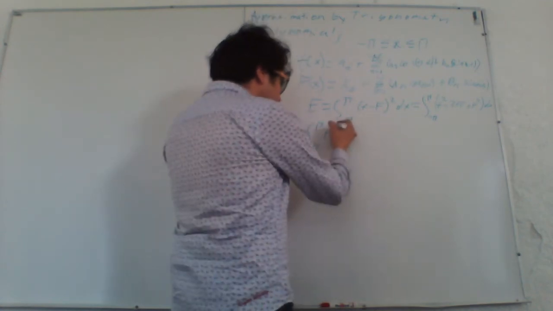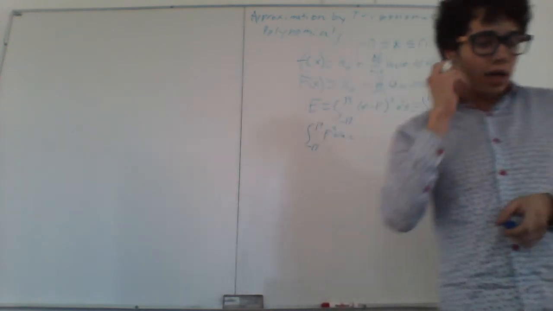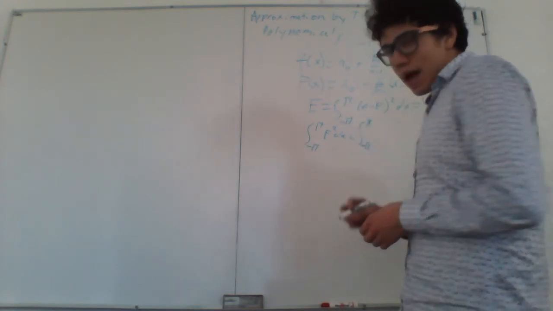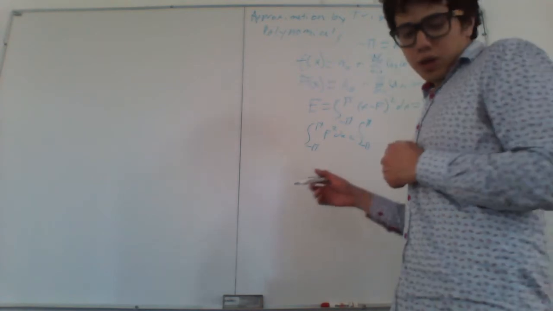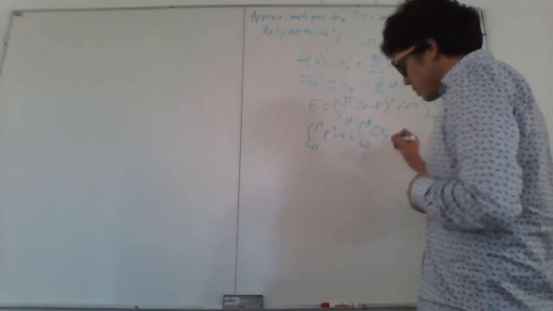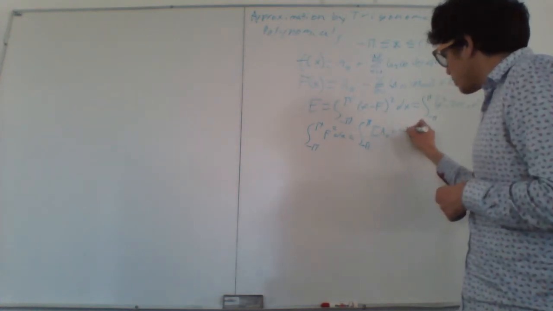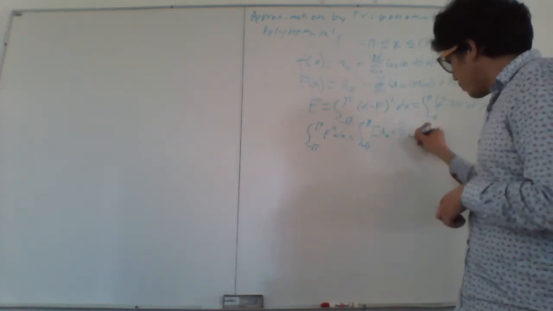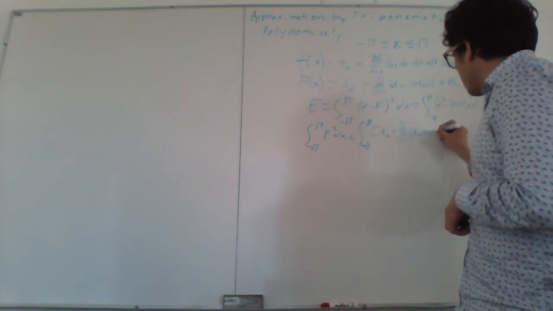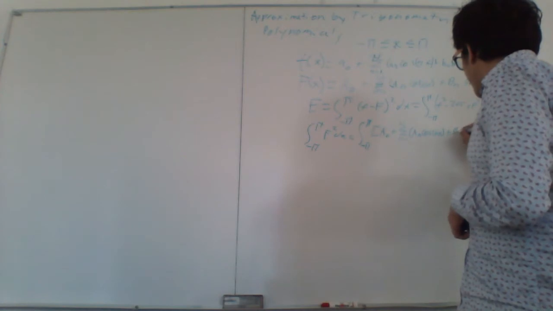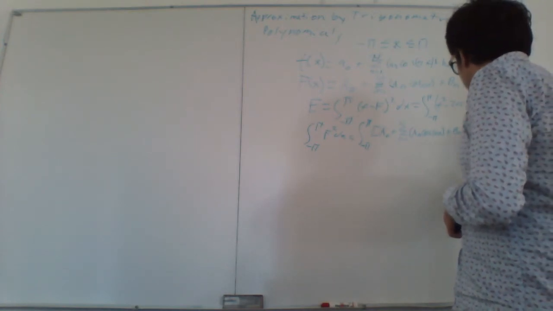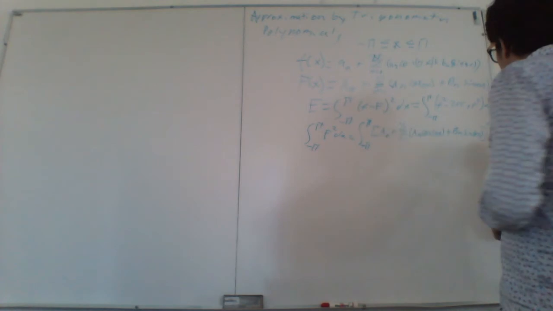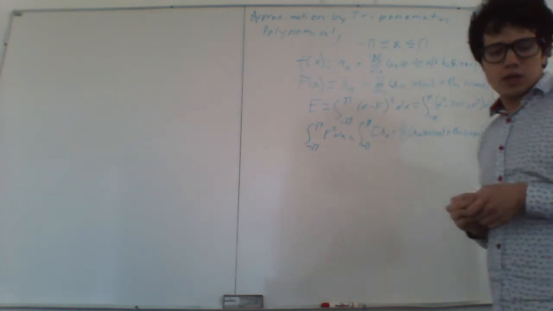Okay, so we are going to solve it. First, the integral from minus pi to pi of capital F squared dx is equal to the integral from minus pi to pi of capital A0 plus the summation over n of an cosine of nx plus bn sine of nx, all of this squared, dx.